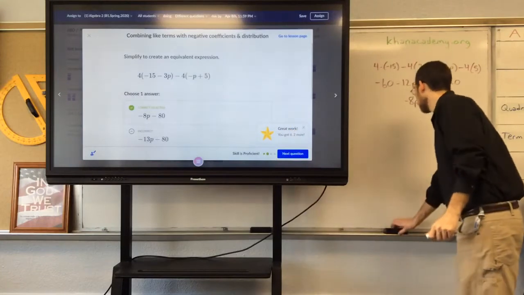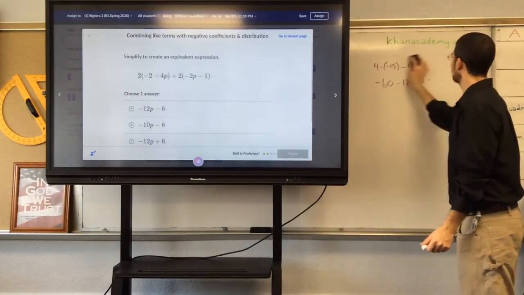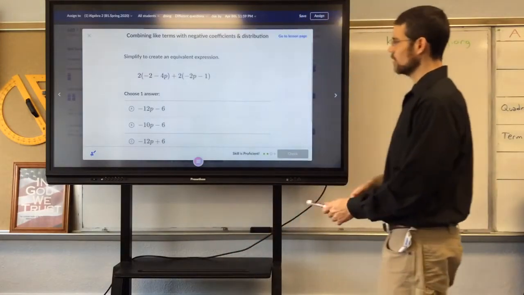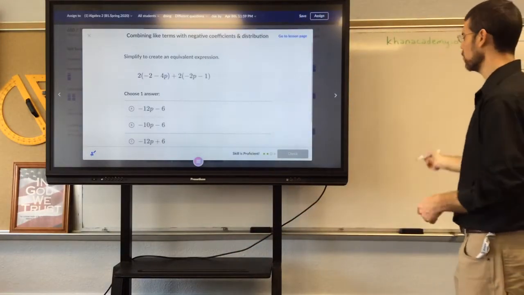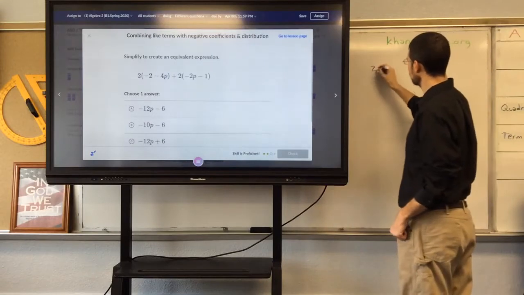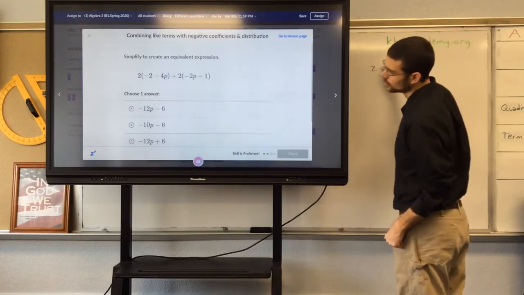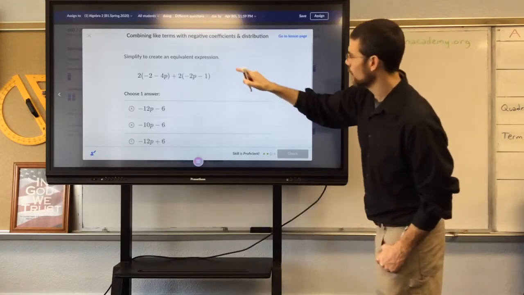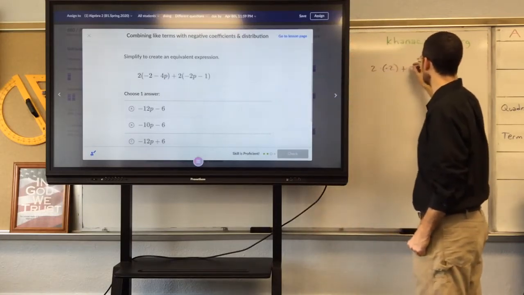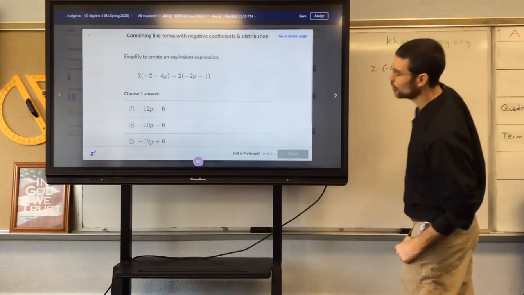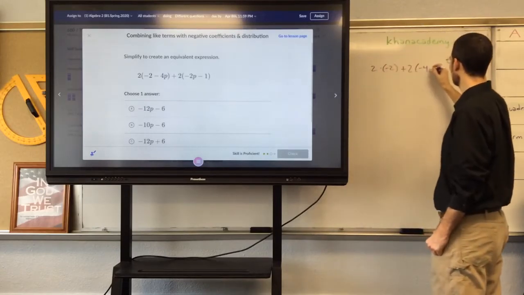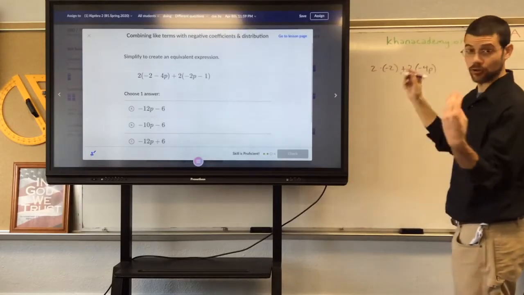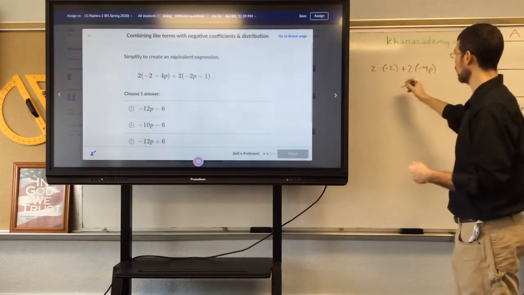Next problem. This one says 2 times negative 2 minus 4p, so that's 2 times negative 2, and 2 plus 2 times negative 4p. We'll just do the first part first, so let's simplify that.